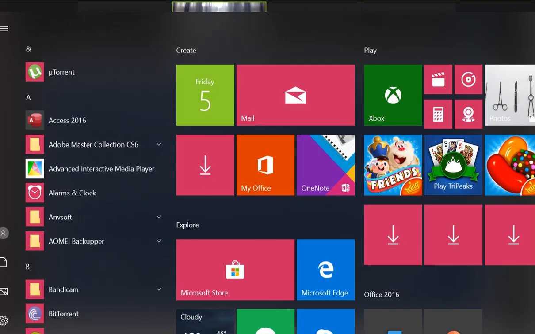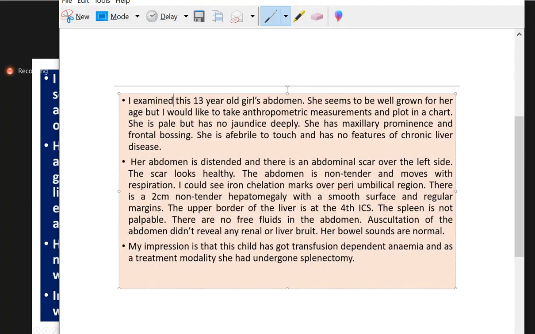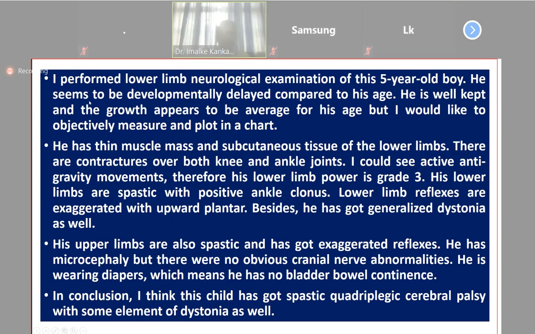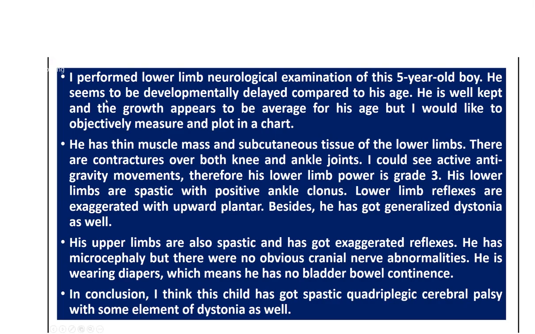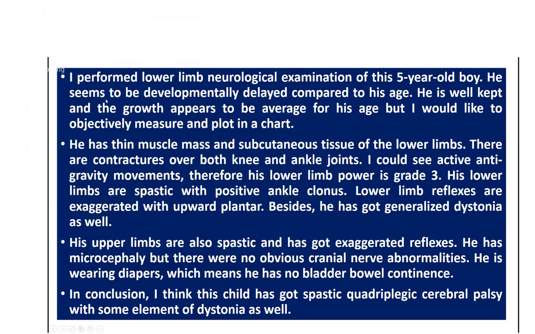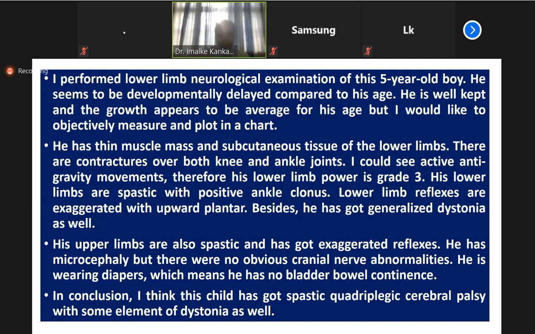So, I performed a lower limb neurological examination of this 5-year-old boy. He seems to be developmentally delayed. You can start with that statement, because that is the most striking feature of this child. He is well kept and the growth appears to be average for his age, but I would like to objectively measure and plot it in a chart.